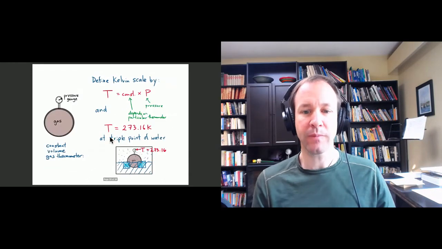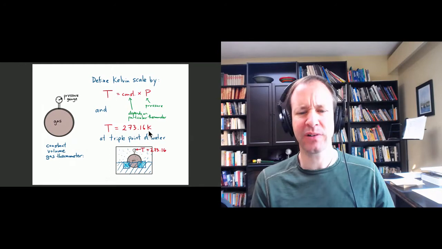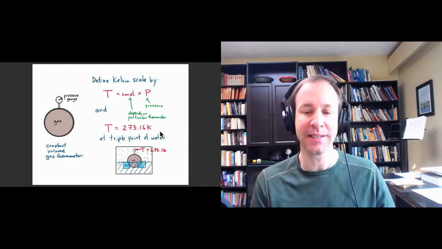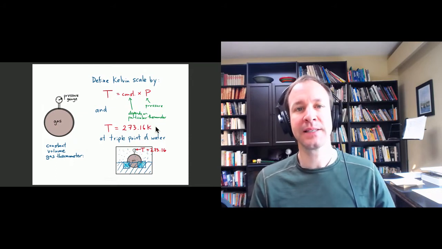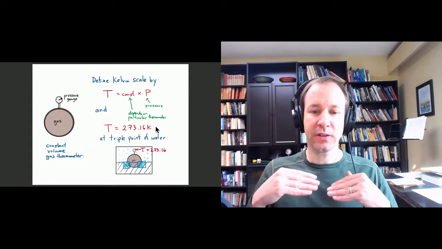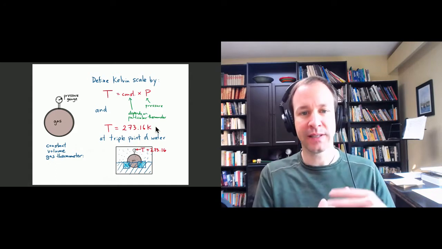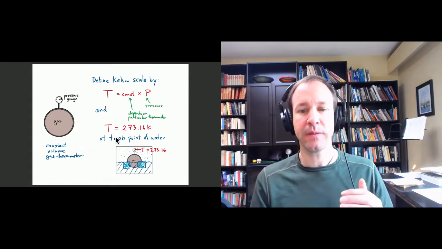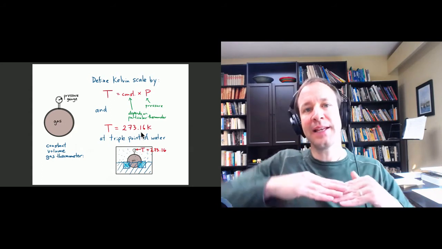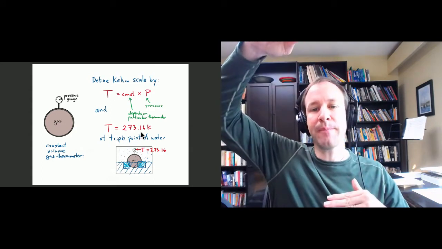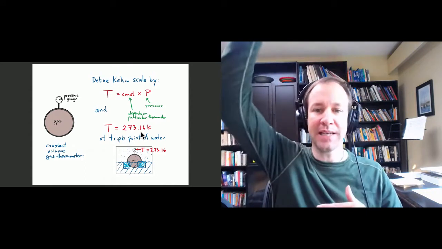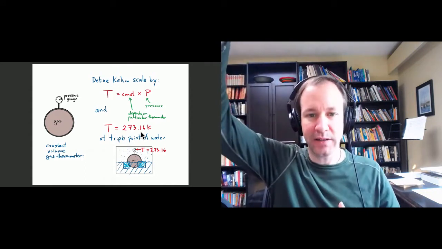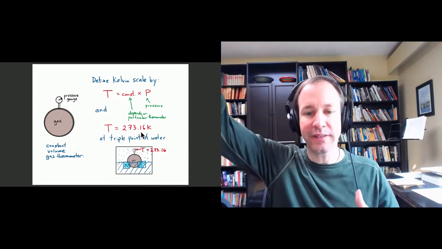So you might ask, why did we pick 273.16 Kelvin as the temperature of water at the triple point? Basically the reason is that we wanted to align with the Celsius scale. If we make this choice, then the difference in temperature between freezing water and boiling water, at regular pressures, is going to be 100 degrees or 100 Kelvin.